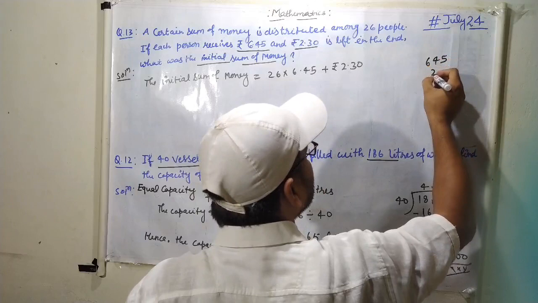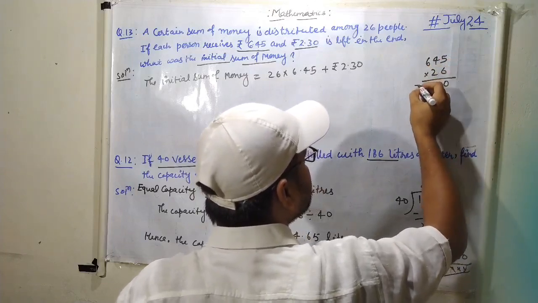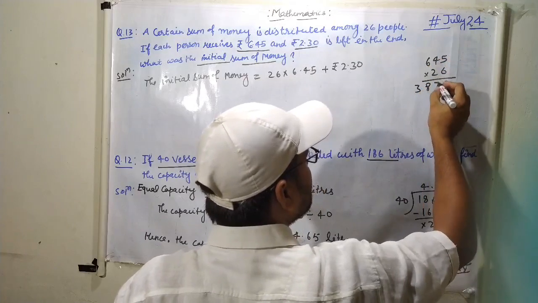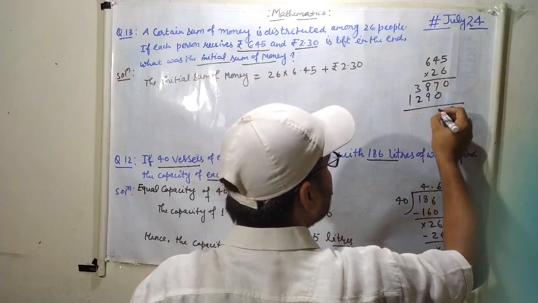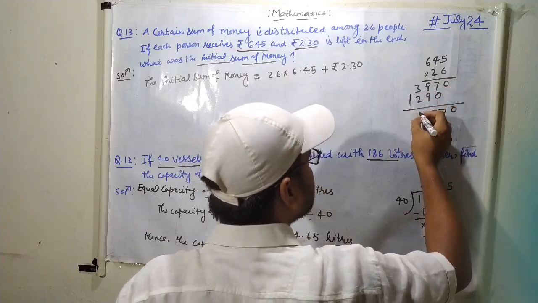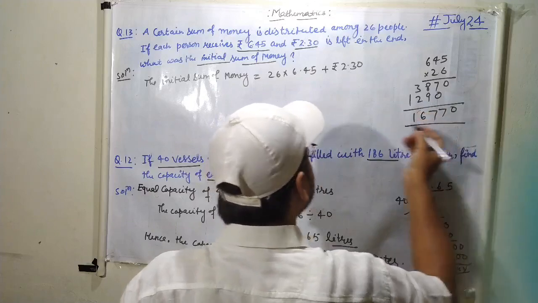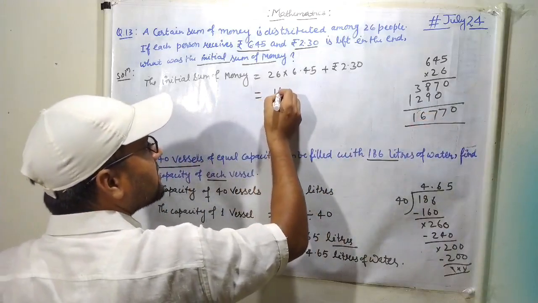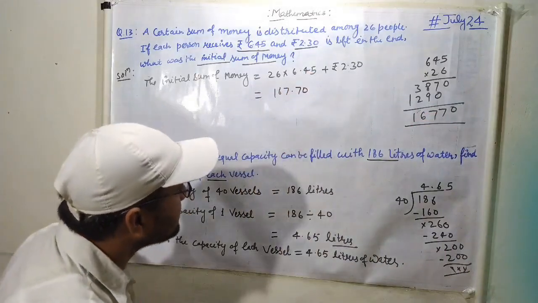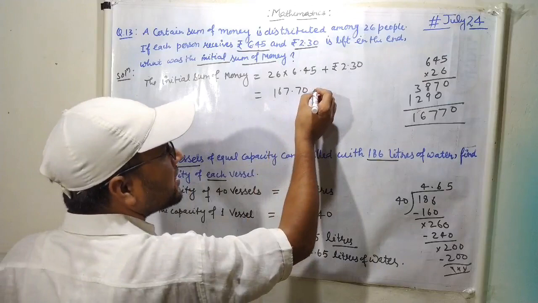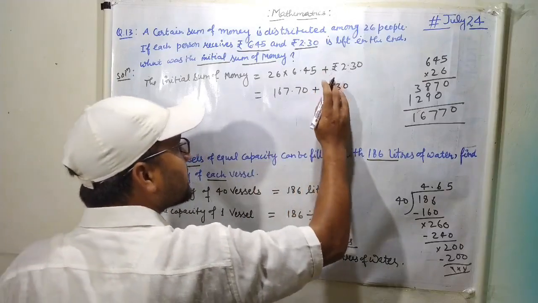645 is multiplied by 26, and you will get 167, and there are 2 decimal points, so 167.70 plus 2.30. Add this.